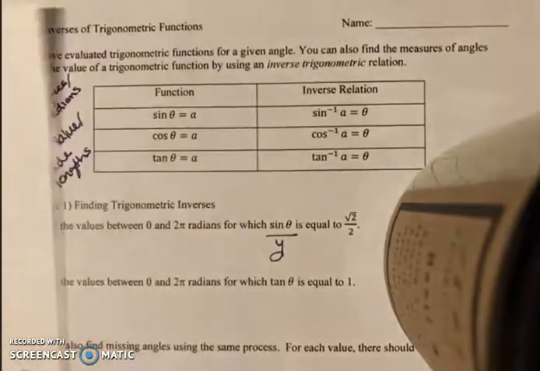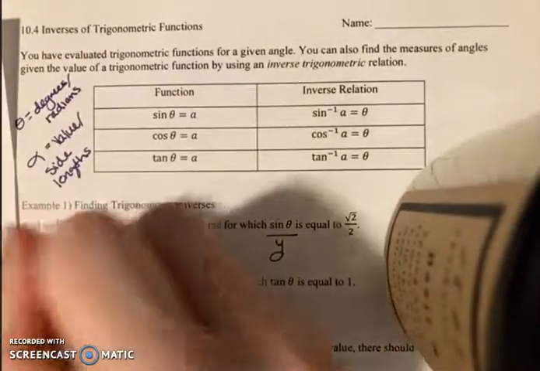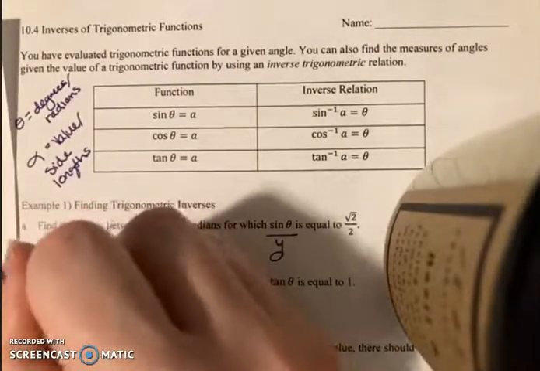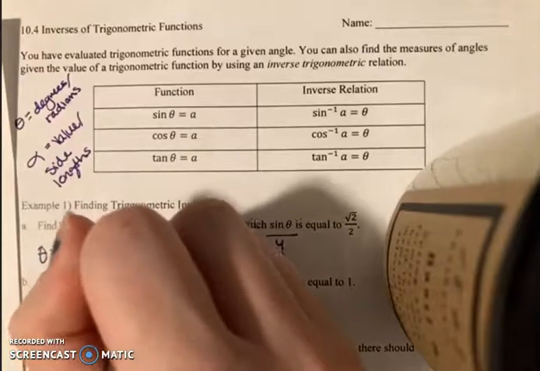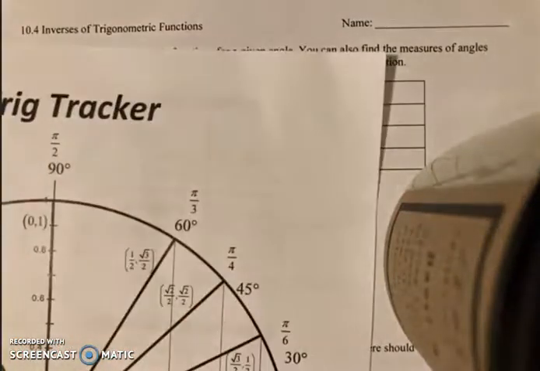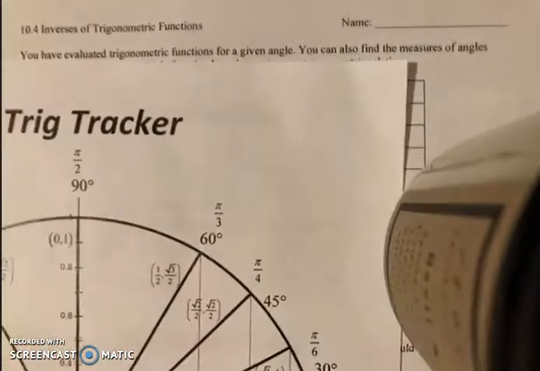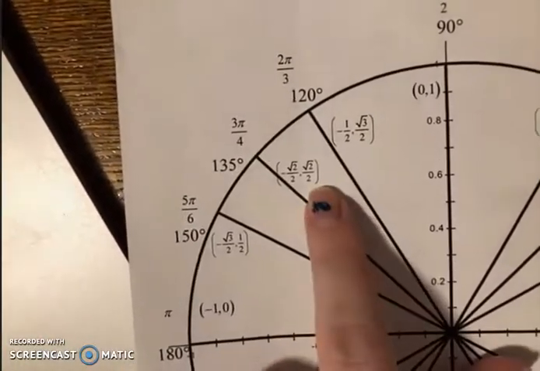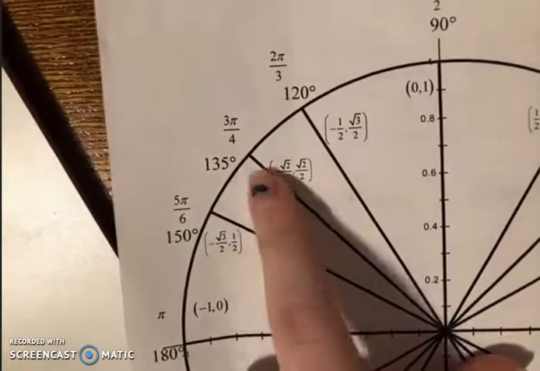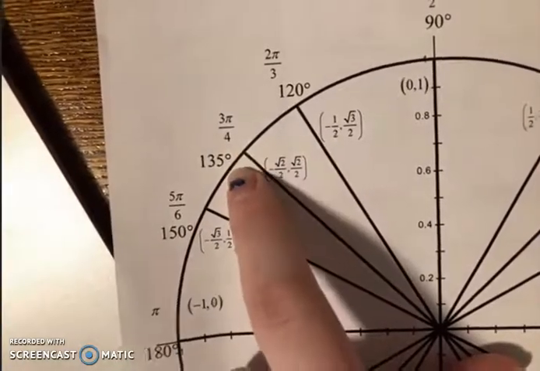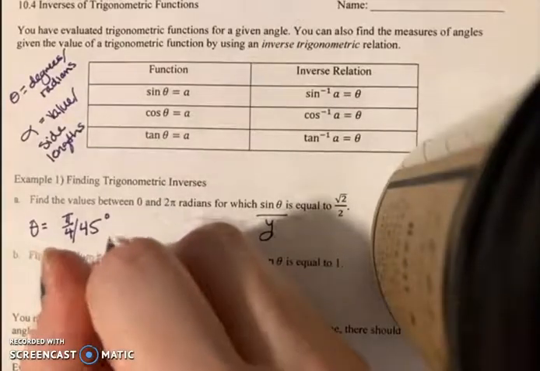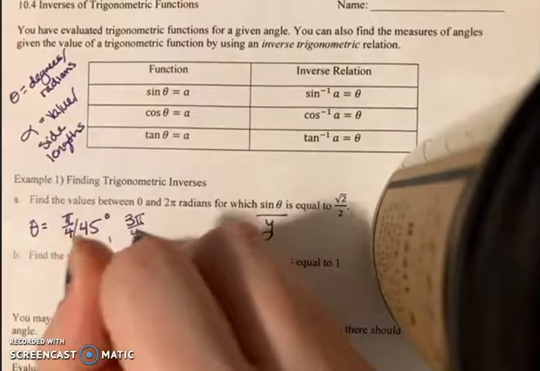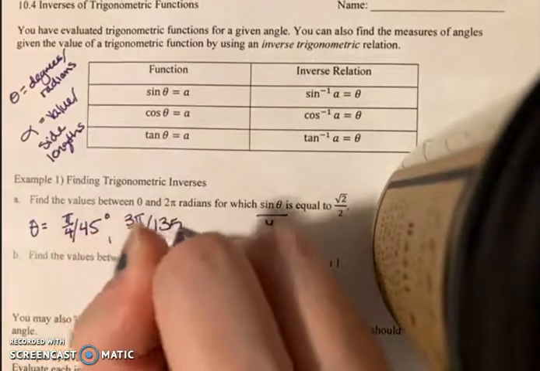We want to put both down. So theta equals pi over 4 or 45 degrees. Okay, let's look at quadrant 2. I'm just going to move the camera. So in quadrant 2, the y value is positive root 2 over 2. So we're going to write 3 pi over 4 or 135 degrees.